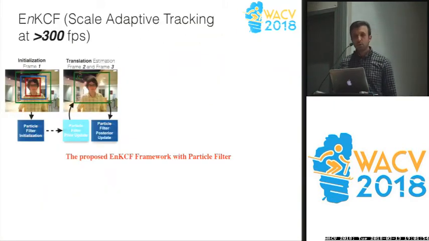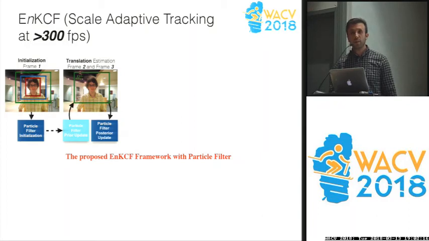We utilize a number of correlation filters in a coherent framework to perform adaptive scale tracking while achieving larger than 300 frames per second operation rate. In the first frame, we initialize 3 correlation filters focusing on different areas, and we also initialize a simple particle filter.